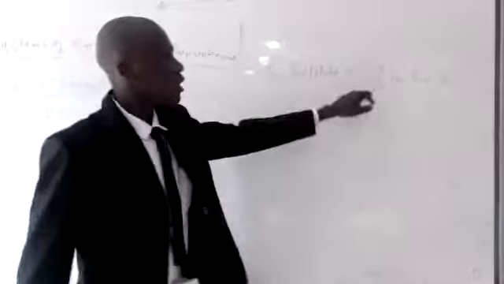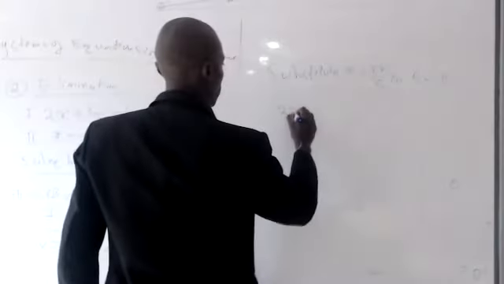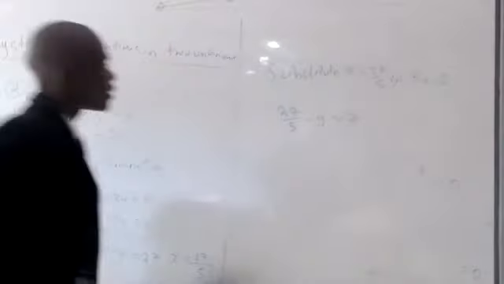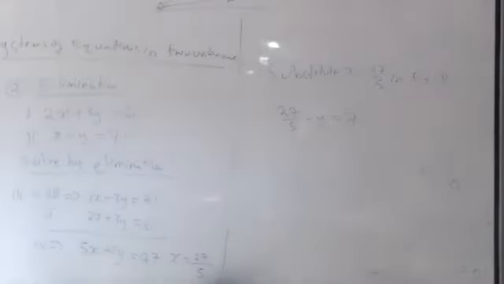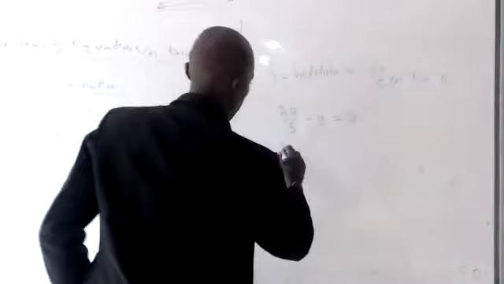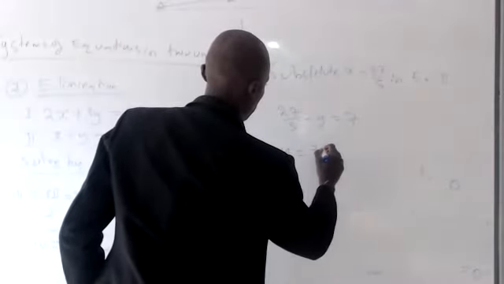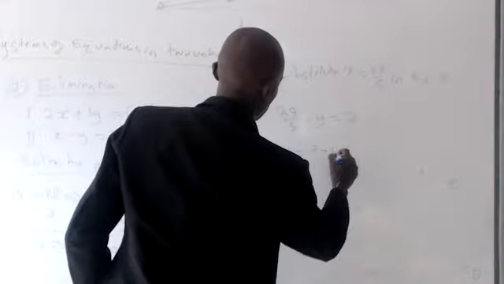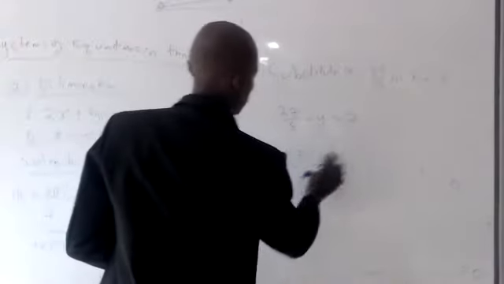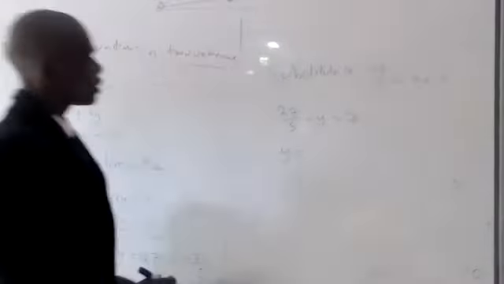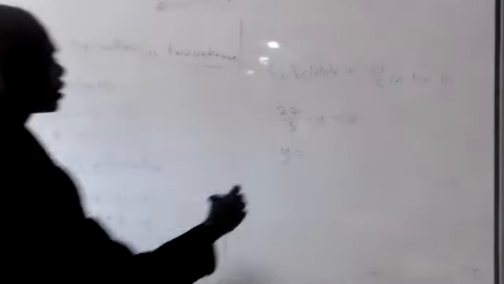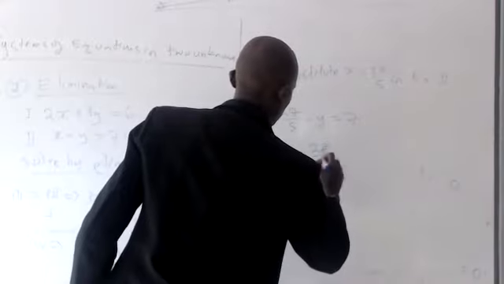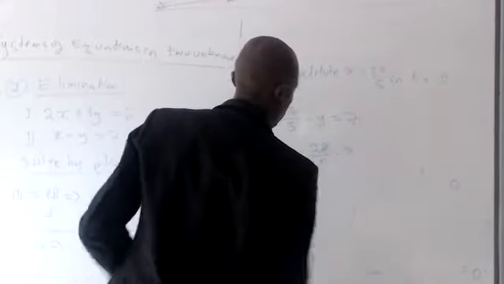I have x as 27 over 5, so 27 over 5 minus y gives 7. We now solve for y. This means y is 27 over 5 minus 7.